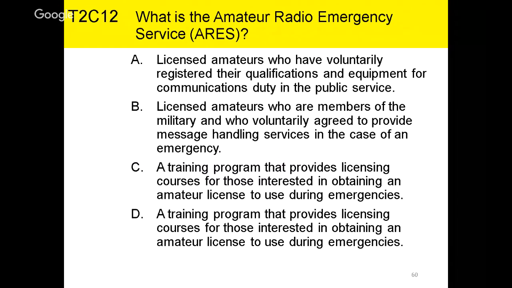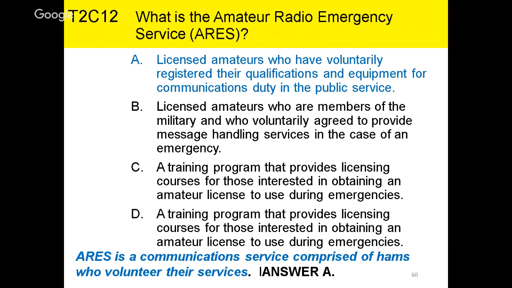The RACES group is usually activated in times of civil defense and other emergencies. So just kind of remember that. But the Amateur Radio Emergency Service, or ARES, is very similar to RACES, and it actually is a group of licensed amateurs who have voluntarily registered their qualifications and equipment for communications duty in public service.